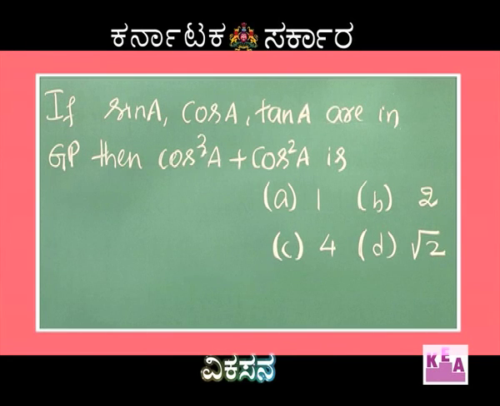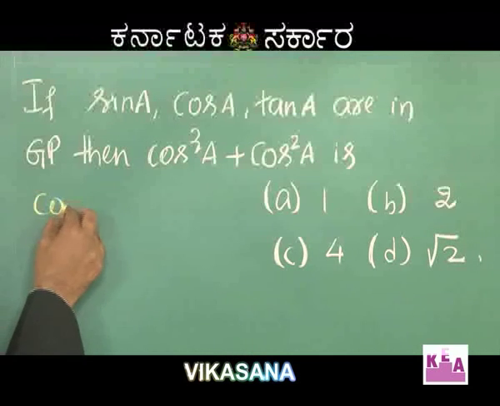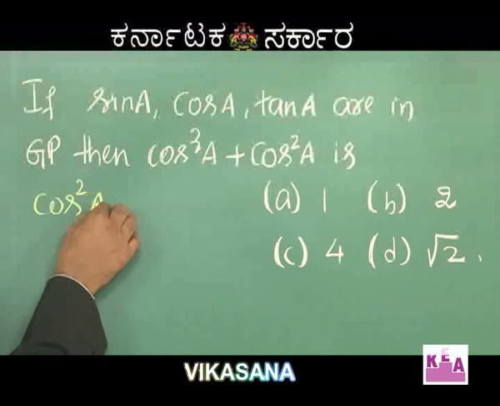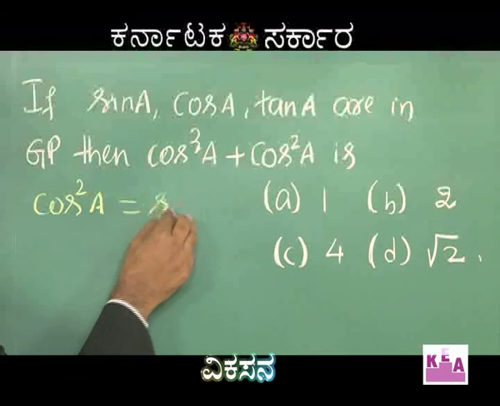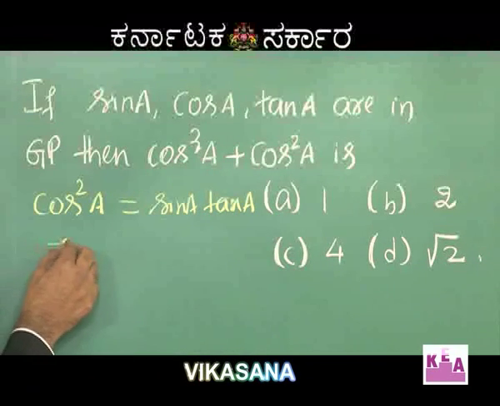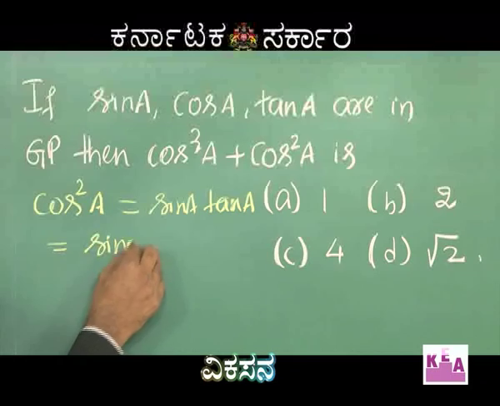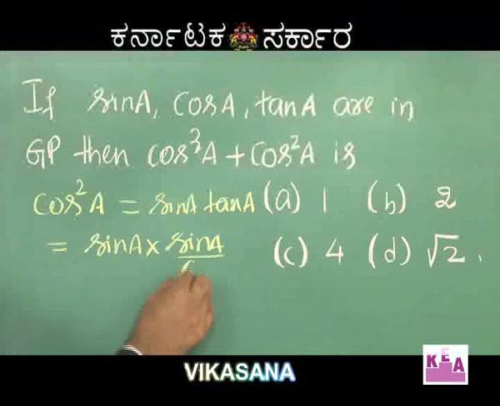If sin A, cos A, tan A are in GP, then cos cube A plus cos square A is: option A 1, option B 2, option C 4 and option D is root 2. Look at this, dear students. Cos square A is equal to the product of sin A into tan A. That is equal to sin A into sin A over cos A. Is that correct?